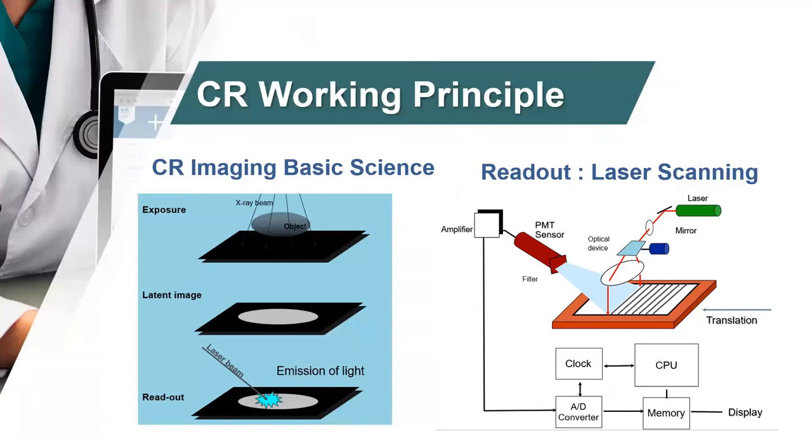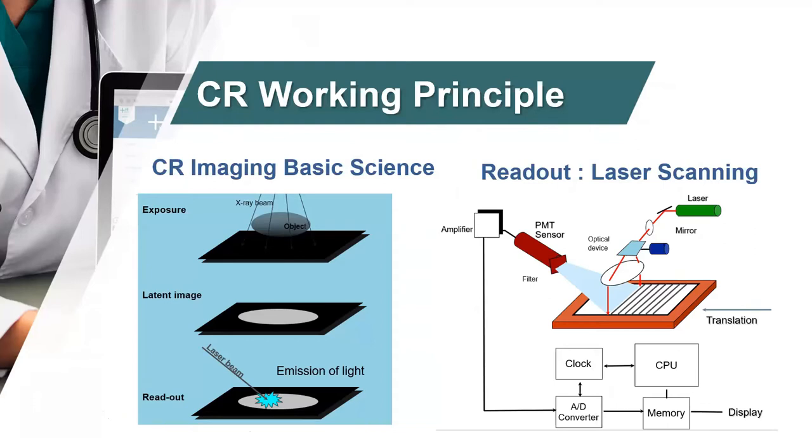So this is the working principle of a CR. You could see that the object is exposed, and the latent image is stored in the form of energy. On the right-hand side, you could see the photomultiplier tube, and there is a laser.